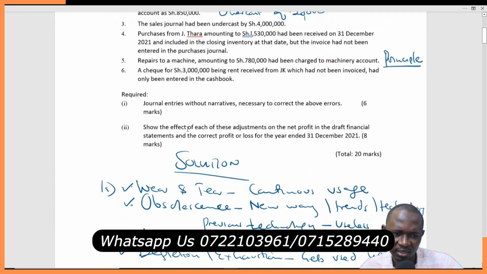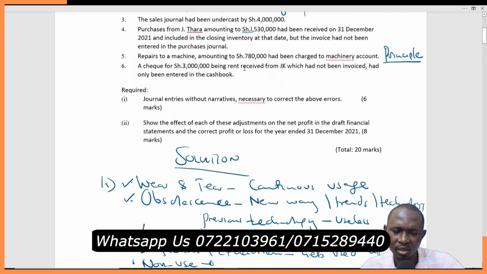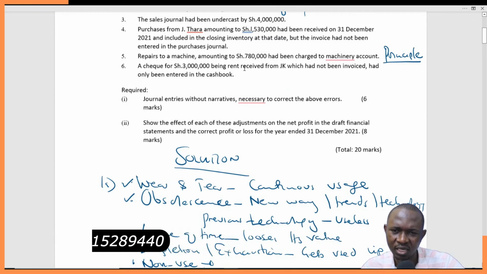So number 6, a check for 3 million being rent received from JK, which had not been invoiced, had only been entered in the cash book.